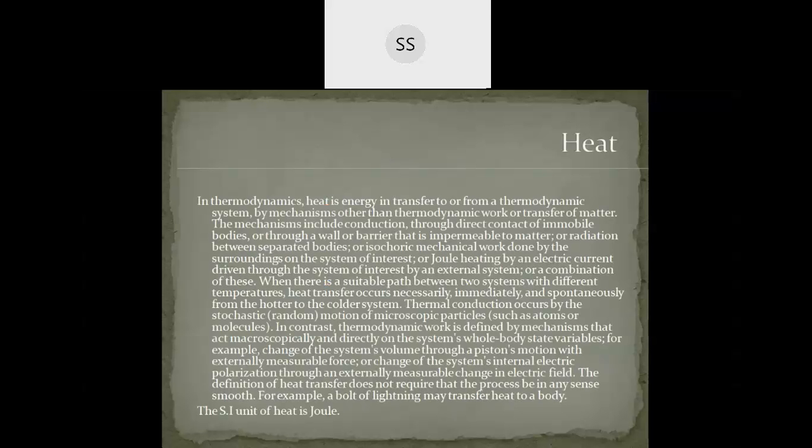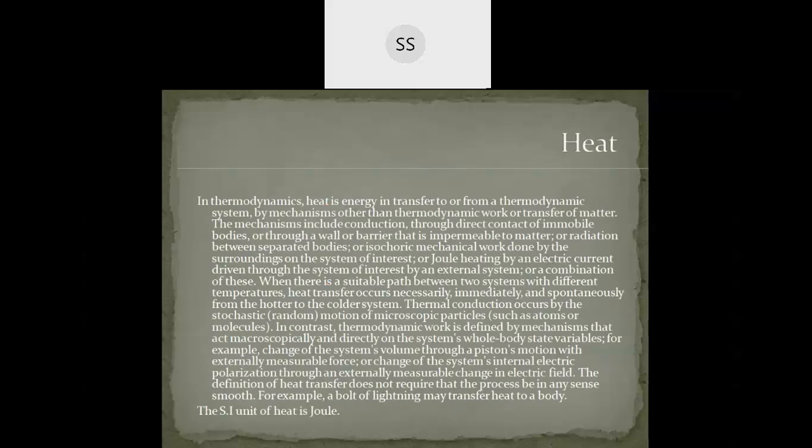The SI unit of heat is joule, since heat is a form of energy, same as energy. When we say heat energy, it is actually the total internal energy of a body. The total internal energy of a body is called the heat. Internal energy means kinetic energy plus potential energy.